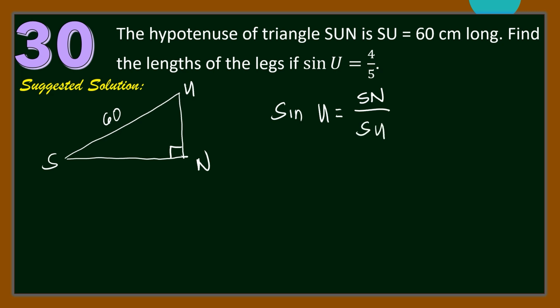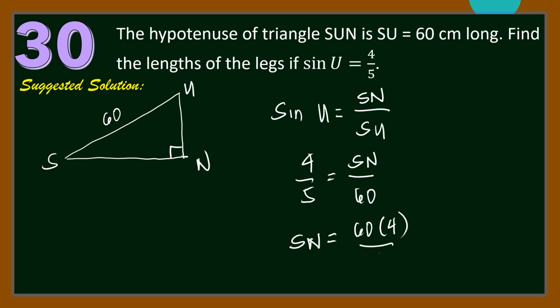And since sine function U is 4/5, and we know that SU is equal to 60, then we have the side SN over 60. Hence, SN is equal to 60 times 4 over 5. And this is equal to 48 units, or 48 centimeters.